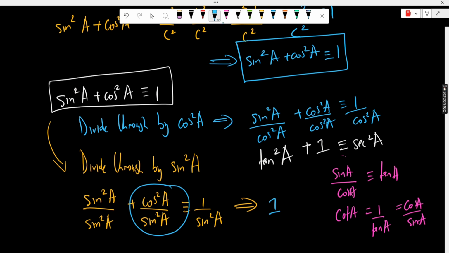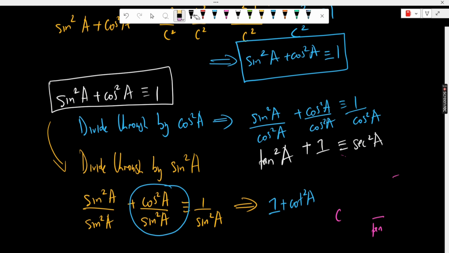And so therefore we say that 1 plus cot squared A, 1 over sine is equal to cosec, and therefore 1 over sine squared A is equal to cosec squared A. And this is another trig identity, which again, you don't need to prove, but you may need to use to prove other trig identities, right?